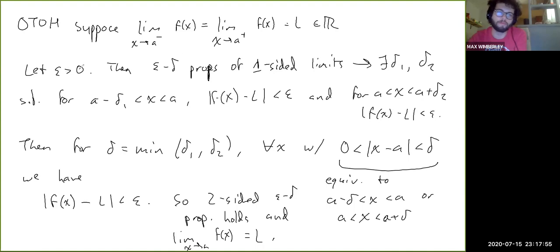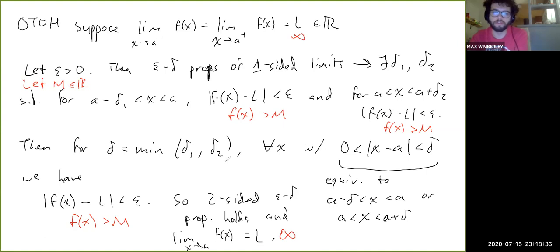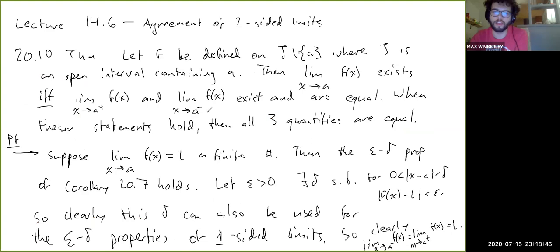You'd let M be a real number, and then there would exist deltas such that f of x is greater than M on each side, and then the limit would be infinity. So it's very trivial to modify the proof to account for infinite limits. The same goes for this one: if L was infinity here, you just let M be a real number again, then f of x is greater than M, and this would be infinity.